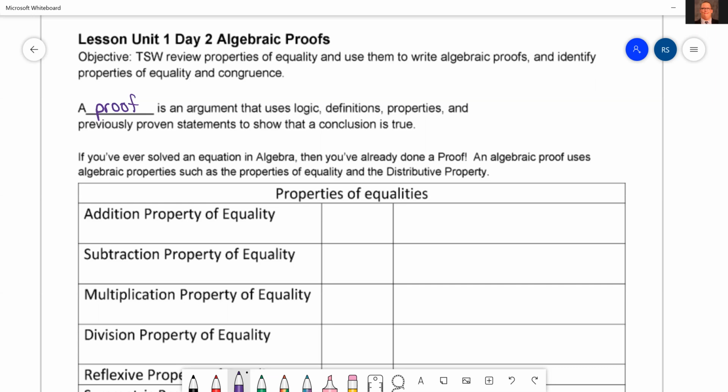But anyways, if you've ever solved an equation in algebra, then you've already done a proof. You just didn't write down your why to each step. You just knew that's what you do.